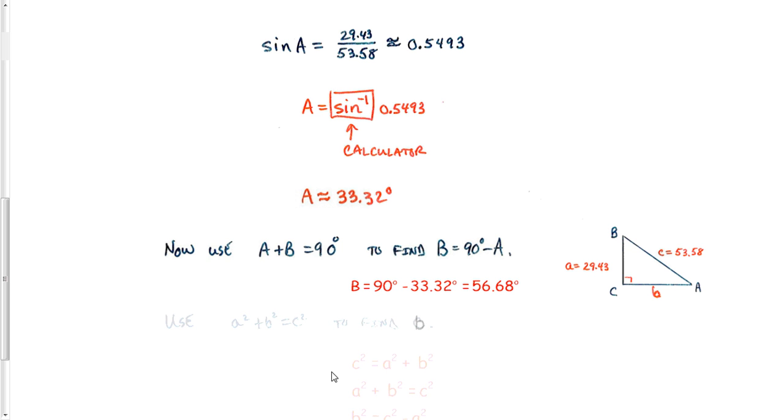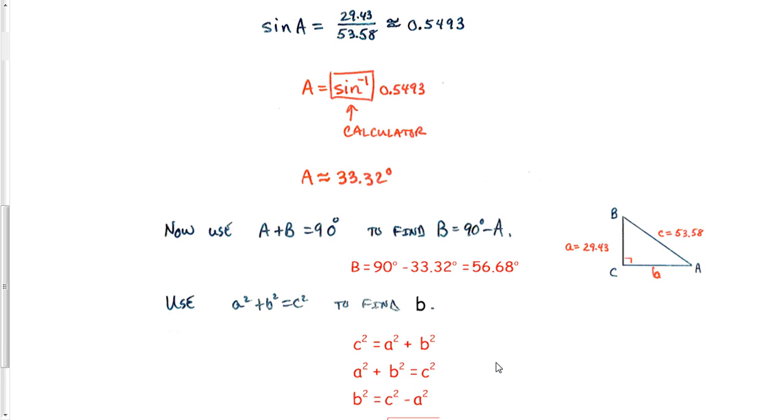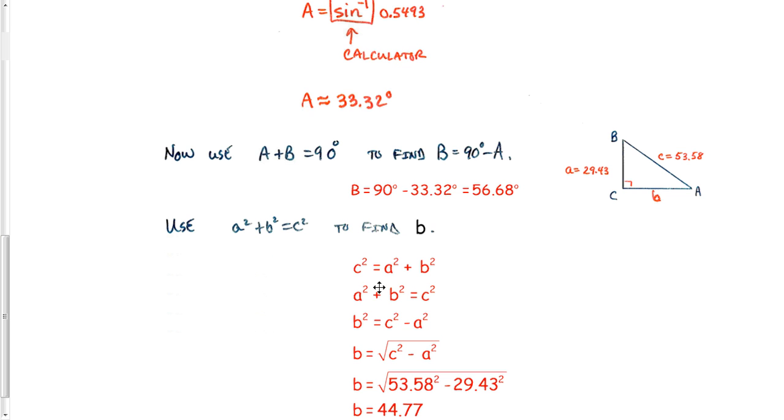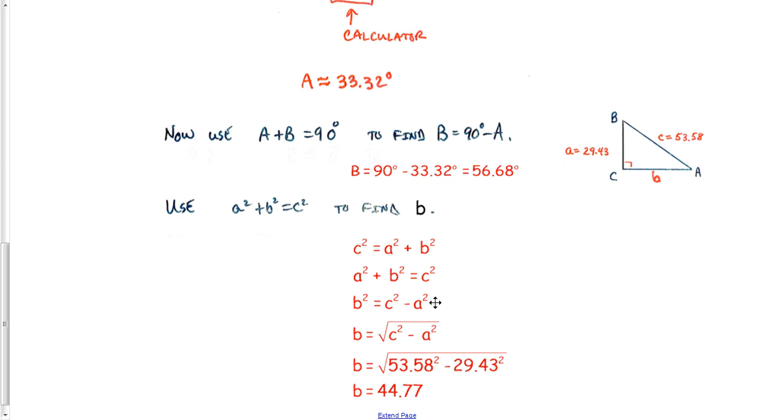And so that's what we're going to do here, we're going to use the Pythagorean theorem, A squared plus B squared is equal to C squared, to find B. So I've just turned that around. C squared is equal to A squared plus B squared. And actually, I guess I've done that backwards. I've got an extra step in there I don't need. If I want to know B, I'm going to solve for B squared by subtracting A squared on both sides.